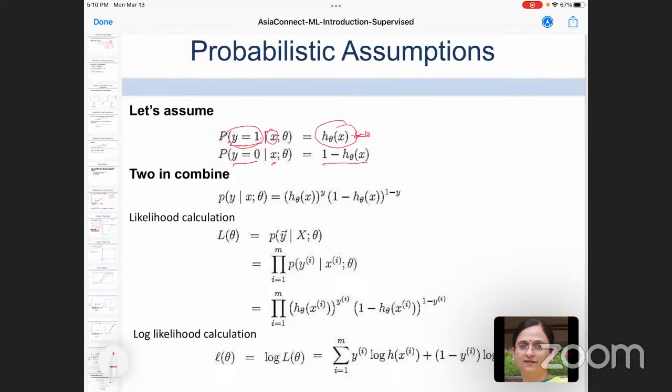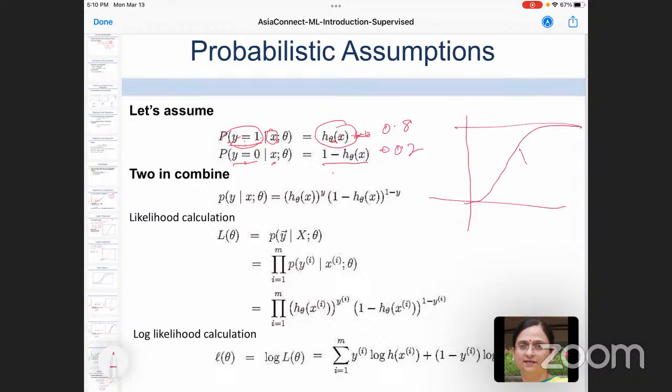This is just the opposite, as this is the probability. If, for example, x is class 1 with probability 0.8, what will be the probability of x being class 0? It will be 0.2.